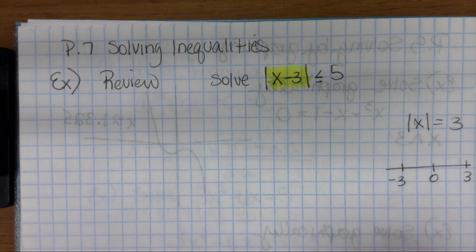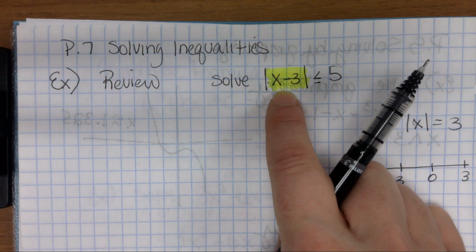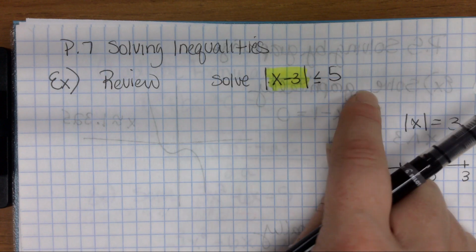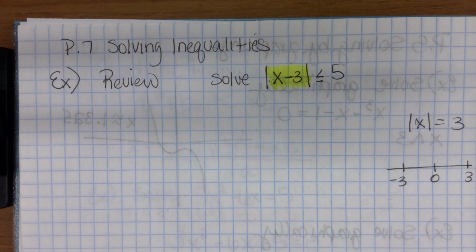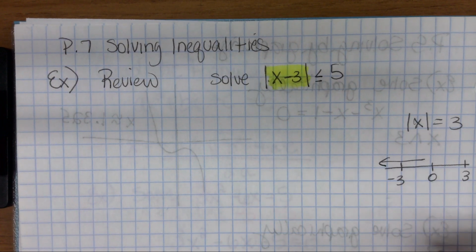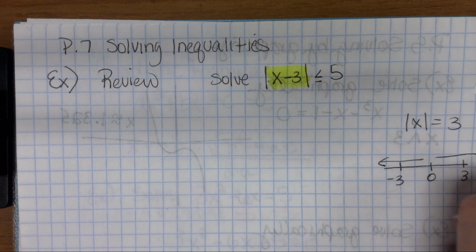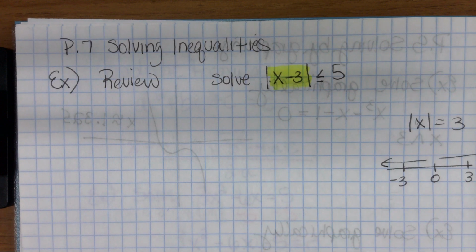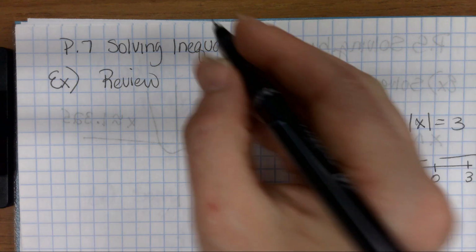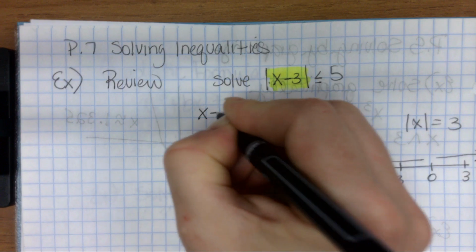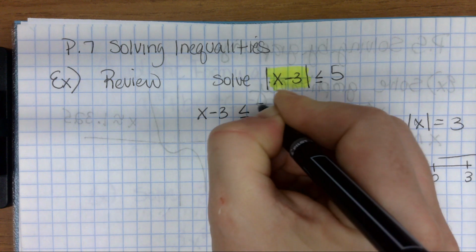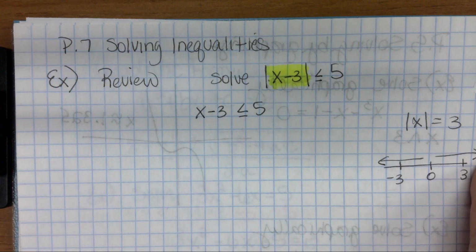So if I told you this, hey, the distance from 0 has to be less than or equal to 5, that means it could either be 5 that way, has to be in between 5 that way, or in between 5 that way. And so the way that we break that apart then is we write it as a compound inequality. This is x minus 3 has to be less than or equal to 5. That would be 5 or less on this side.